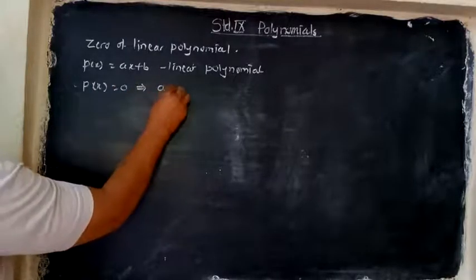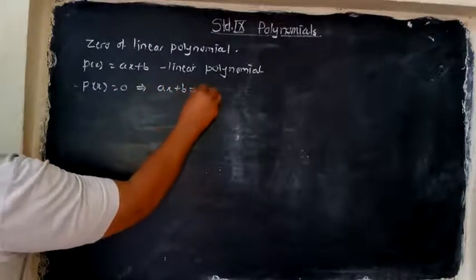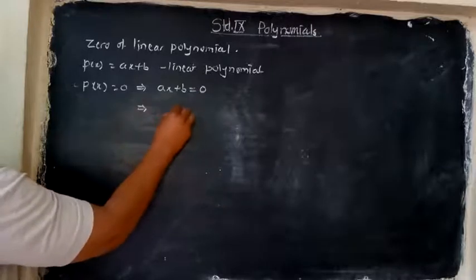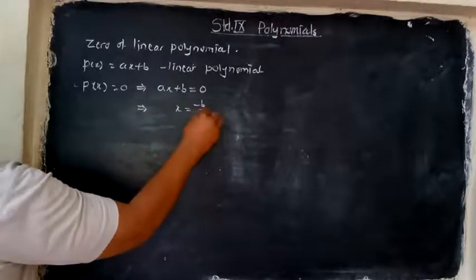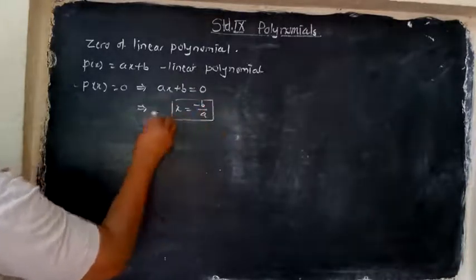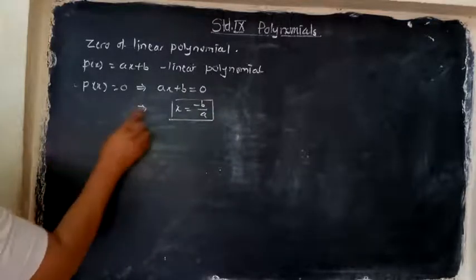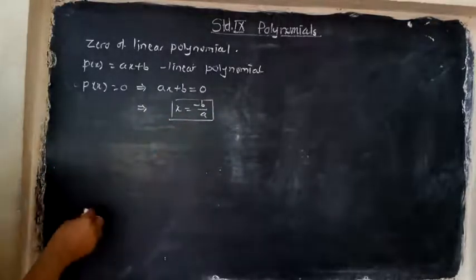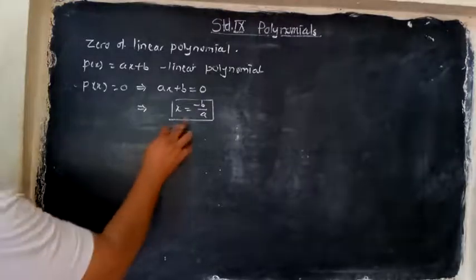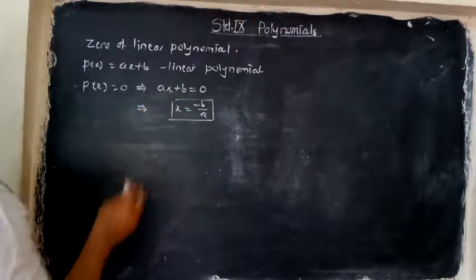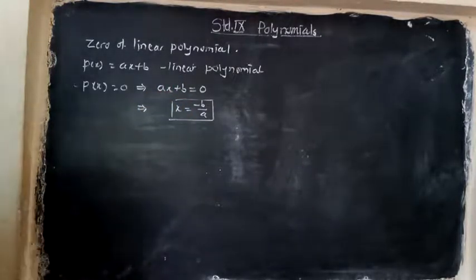Px is equal to 0 implies that ax plus b is equal to 0. It implies that x is equal to minus b upon a. That means it has only one zero, that is x is equal to minus b upon a when the polynomial is of the form ax plus b.